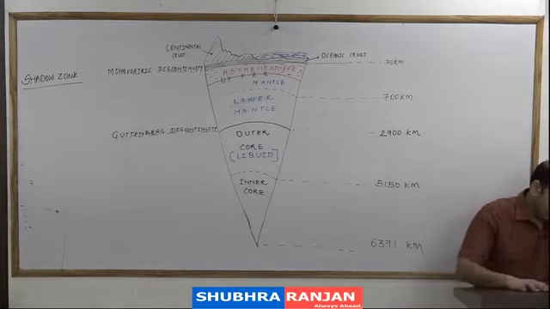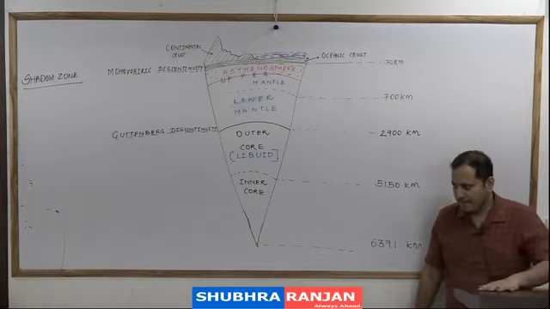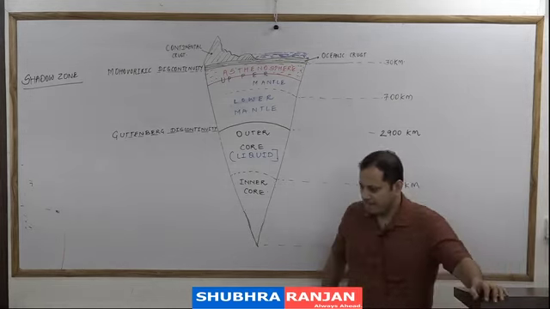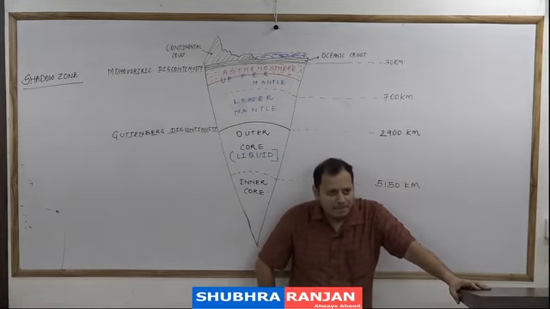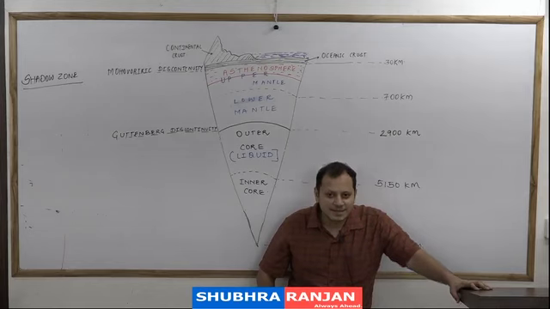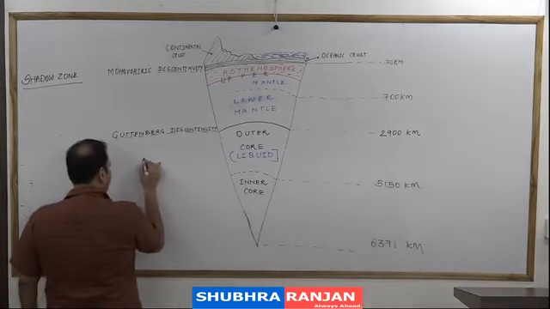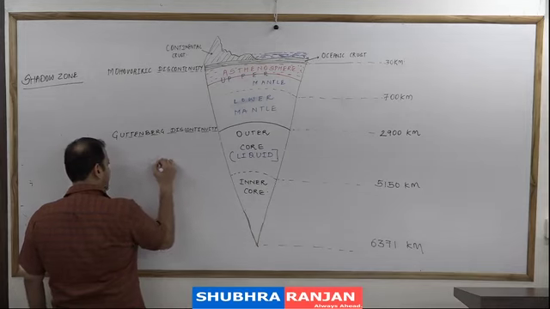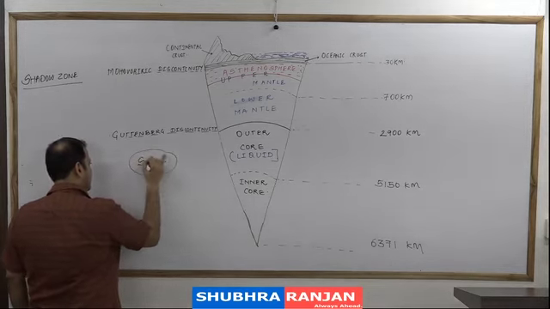Continental crust is composed of lighter minerals or materials such as silica and aluminum.